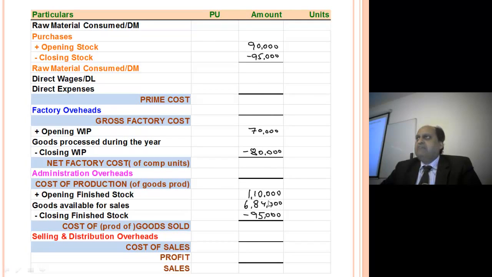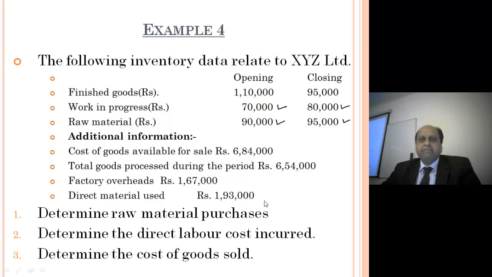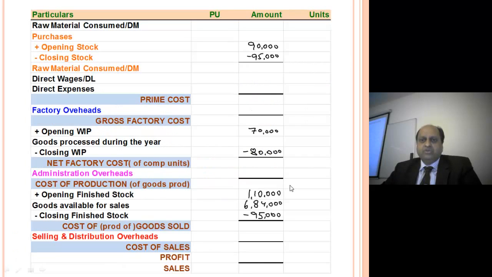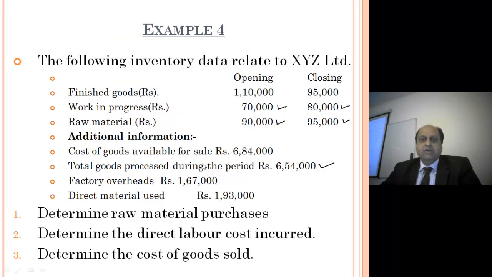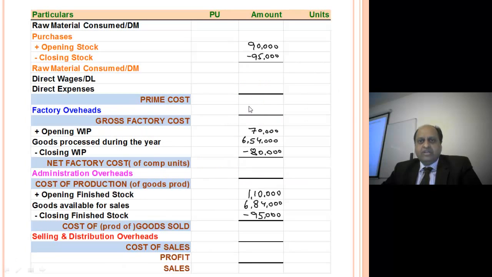I will search for the appropriate place and put the figure over there. Total goods processed during the year is 6,54,000. Now, factory overheads, these are 1,67,000.